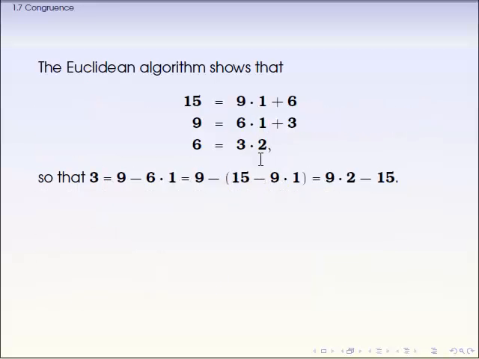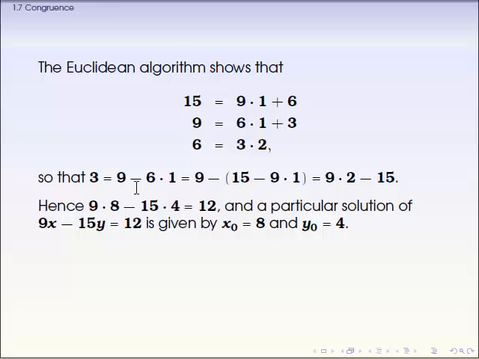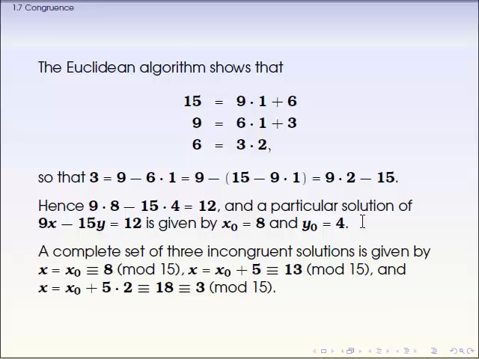So the right-hand side becomes 9 times 8, that is 2 times 4, minus 15 times 4, and the 3 becomes 12 from 3 times 4. So we found the first solution of this equation: x is 8 and y is 4.